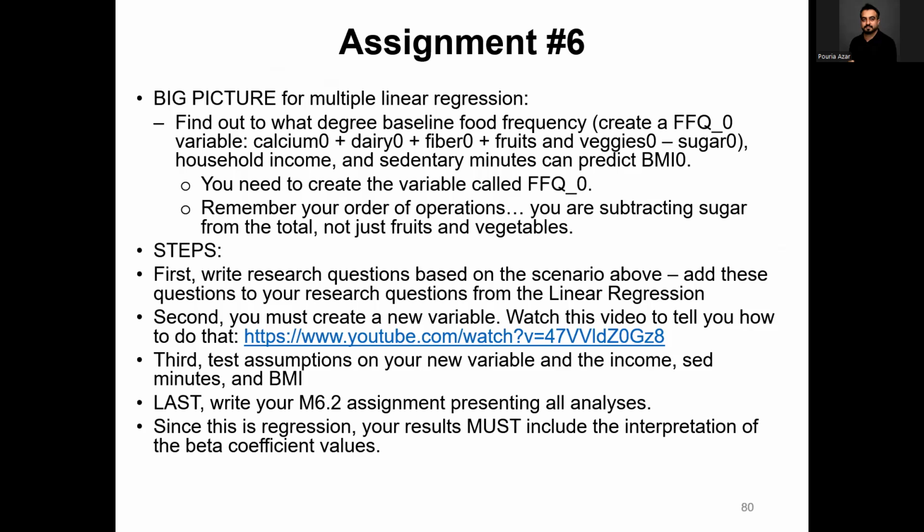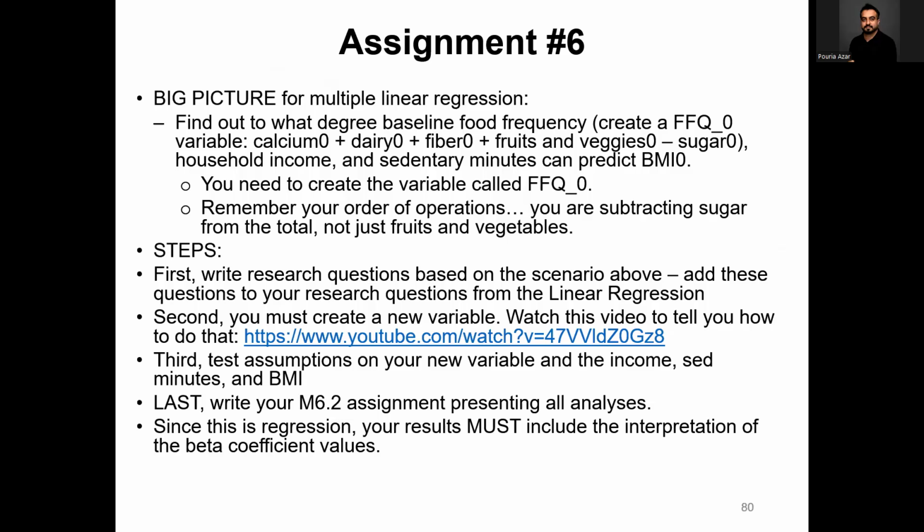So for this assignment, you need to first create the variable called FFQ underscore 0, or food frequency at baseline. And then you will need to enter all those variables into the model and run the regression.